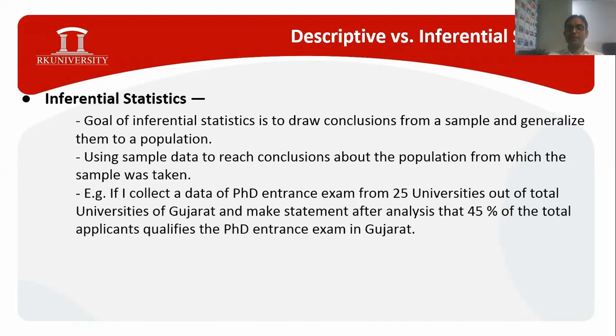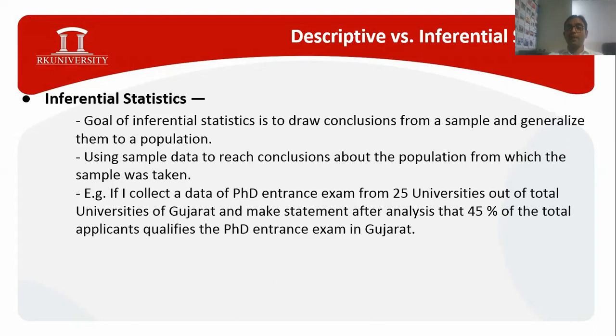After making the analysis, I reach the conclusion and make the statement that 45% of the total applicants used to qualify the PhD entrance exam in Gujarat. So here I use the sample data which I've collected from the 25 representing universities to make a generalized statement, or to reach a conclusion about all the universities in Gujarat.